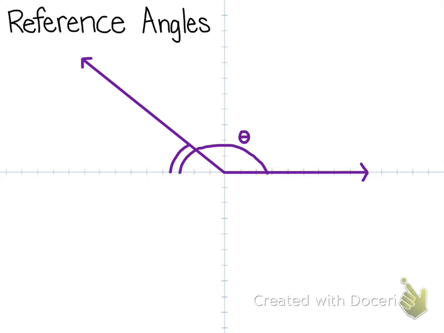To find the value of this acute angle, I take the measure of the angle I was given and subtract it from either pi or 180, depending on whether the angle was given in radians or degrees. So in quadrant 2, we take our given angle away from pi or 180.